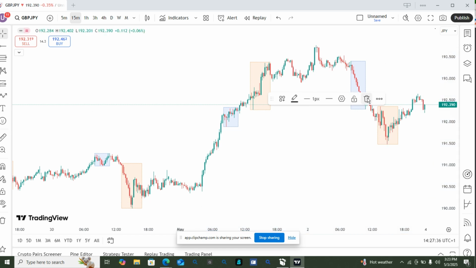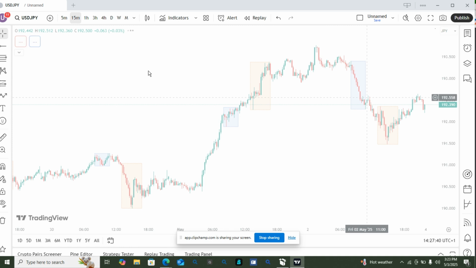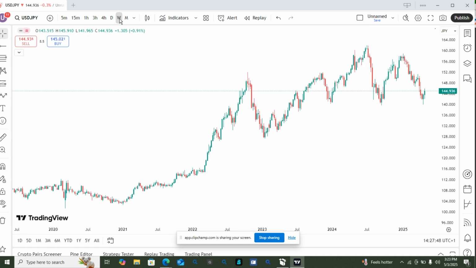So next pair on the list is USD JPY. Let's go down to the weekly time frame on USD JPY and put meaning to this chart. Let's start from this zone.